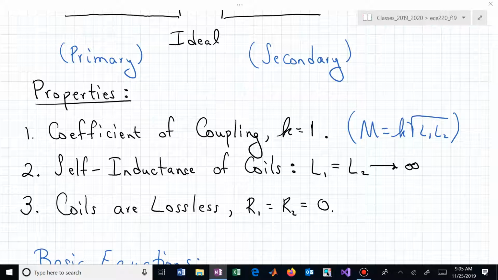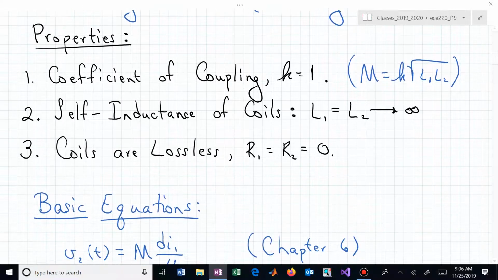The self-inductances of the coils are high. In the ideal case, both of the self-inductances of each coil go to infinity. And as I said, we are not going to have any losses in these coils, so if we were trying to model those, we wouldn't worry about the resistance of those coils. So R1 and R2 are 0.